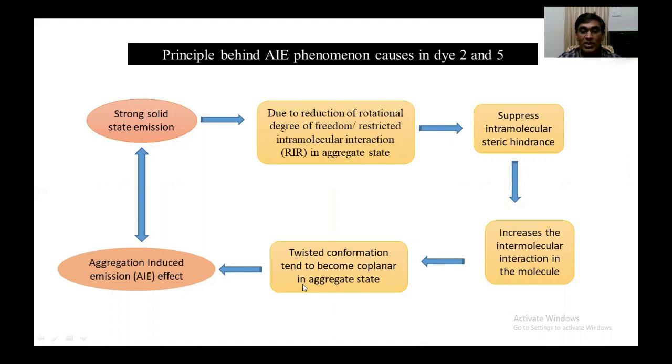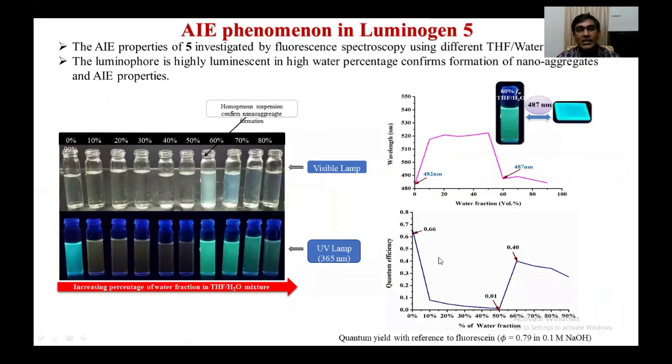Now again, see this AIE phenomenon of this fifth molecule having carbazole donor unit was studied using a mixture of two solvents. The AIE properties were investigated by fluorescence spectroscopy using different water fractions, and this luminophore is highly luminescent in high water percentage, which confirms the formation of nano-aggregates and having the AIE properties.